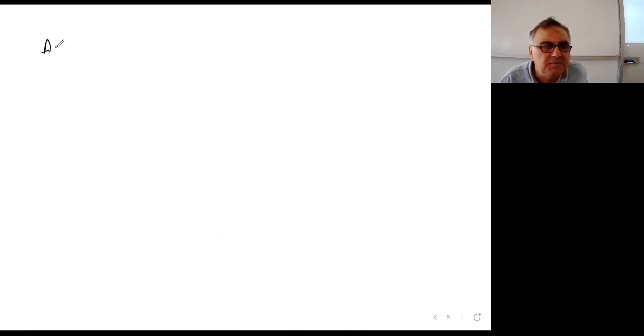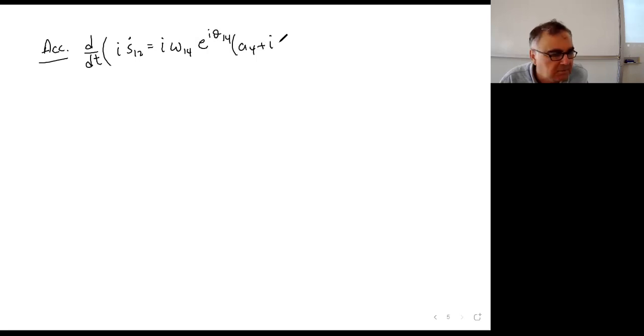And for the acceleration, you will take the derivative of the following. i S12 dot equals i omega 1,4 e to the i theta 1 4 plus i S43 dot e to the i theta 1 4.